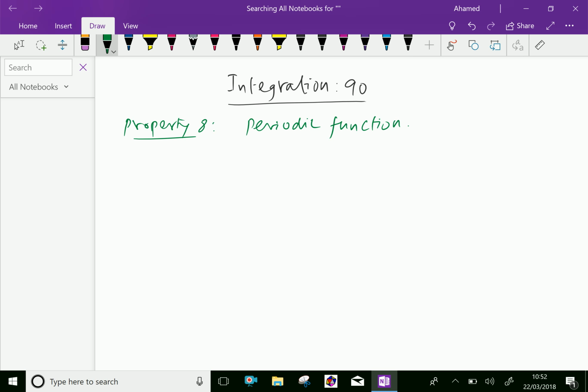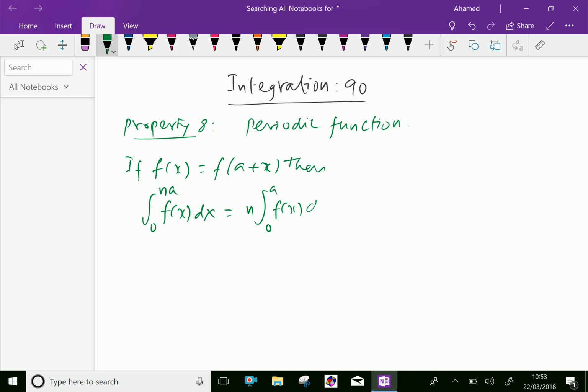The function is sine x, cos x, like that. Here, if f of x equal f of a plus x, then we can say integral 0 to na f of x dx equal n into integral 0 to a f of x dx.